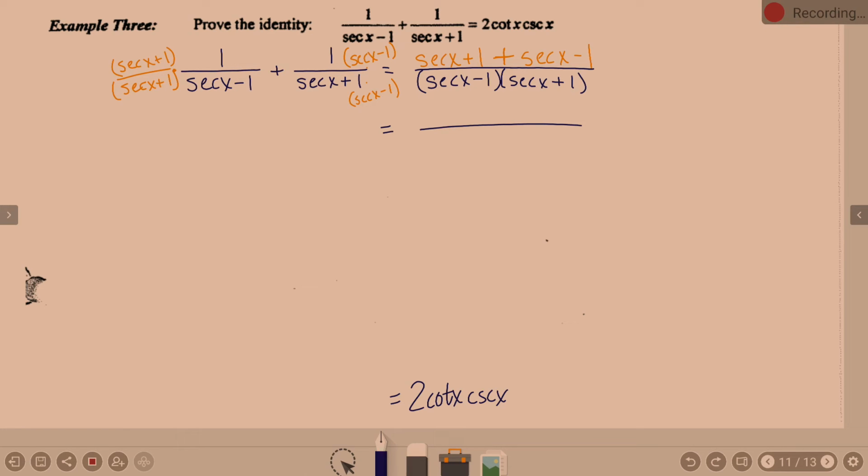If you didn't already, you probably should FOIL those conjugates, right? Secant x minus 1 times secant x plus 1 is going to be secant squared x minus 1, because your middle plus secant x and minus secant x will cancel out. Okay, what about my numerator?